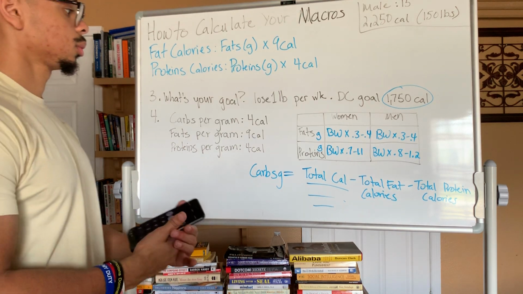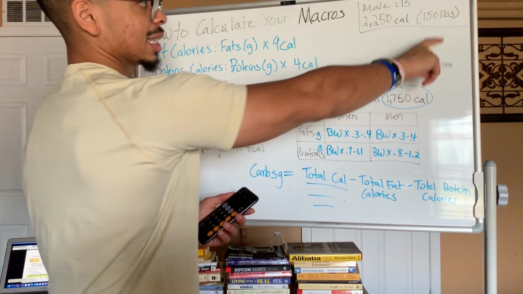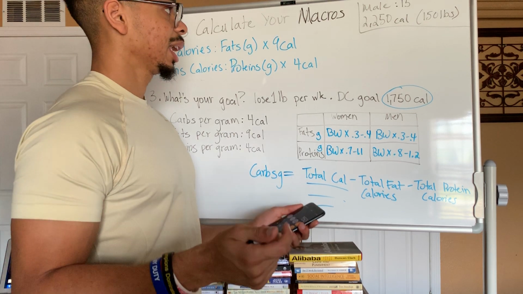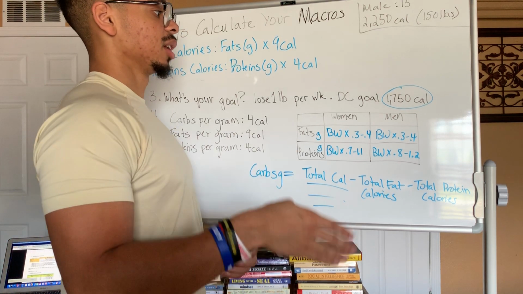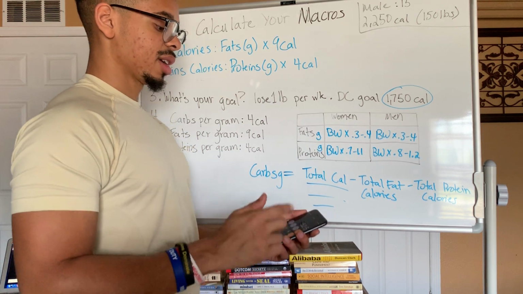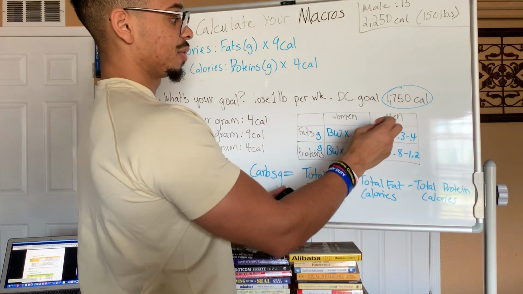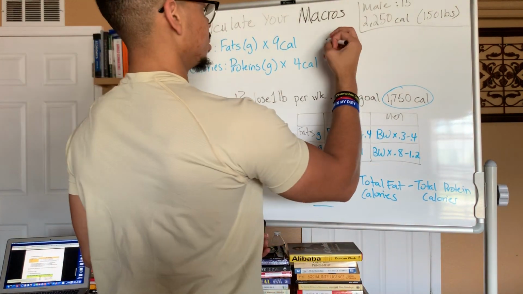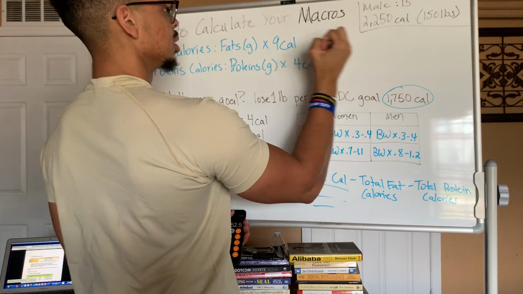So, like I said, in our example right now, he weighs 150 pounds. He's a male, moderately active, so we're going to put him in the middle. We multiply his body weight times 0.35, and that gets us 52.5 grams of fat that he would need to consume.